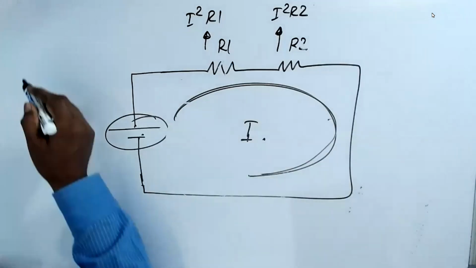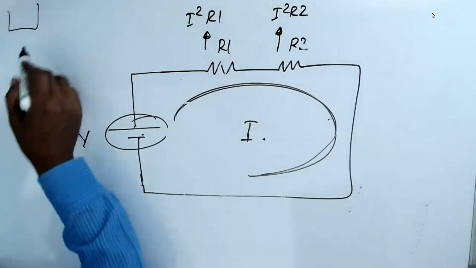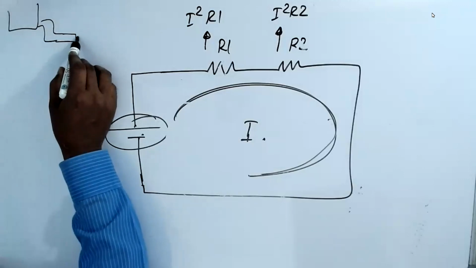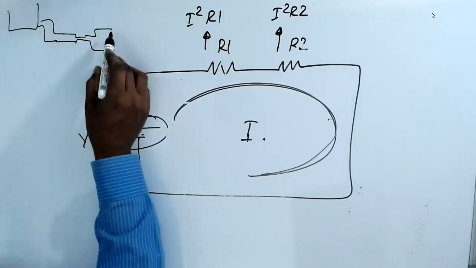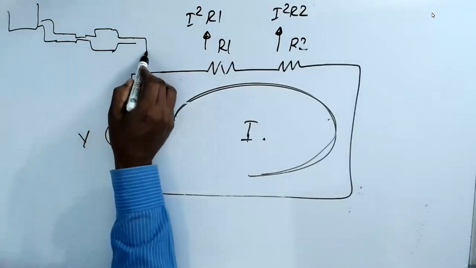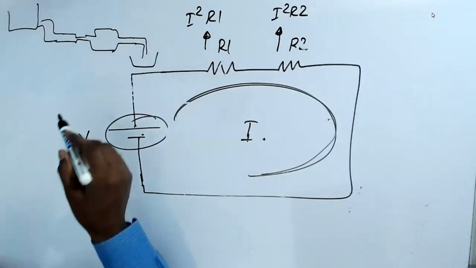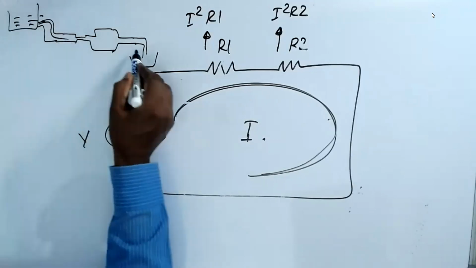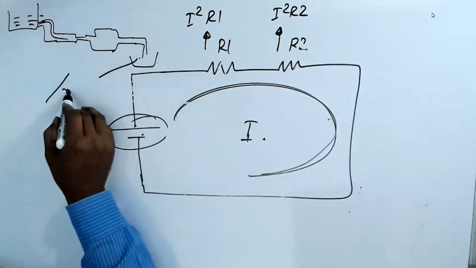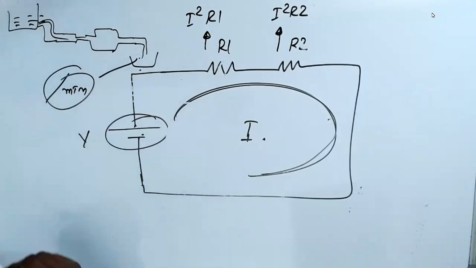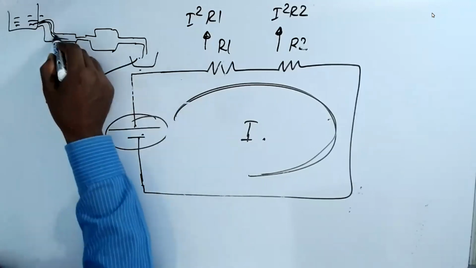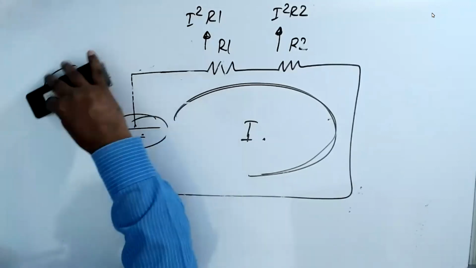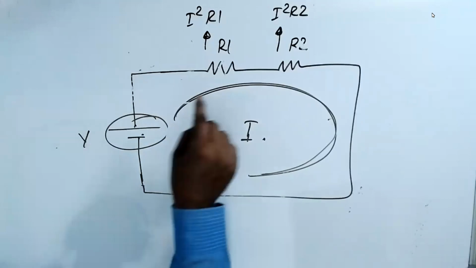For example, you have a tank, and the water comes through so many tubes, small tube, big tube, and then there is a vessel. The beauty is that the water flowing per second, per minute, is common. It does not change. The flow is common. Understand? Same thing here. I have resistances R1 and R2.